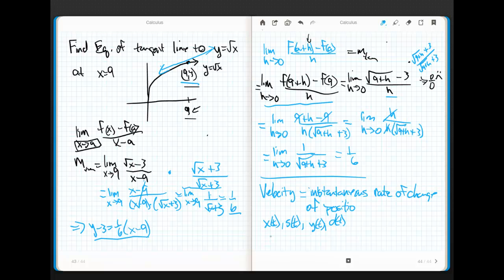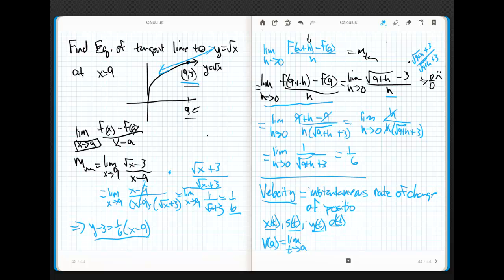Then I know that if I want to find the velocity of any one of these, if these functions are representative of a position of a particle, then I know the velocity at any point A can be written as the limit as t approaches A of any one of these.